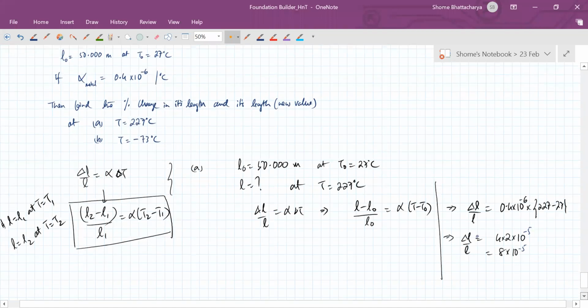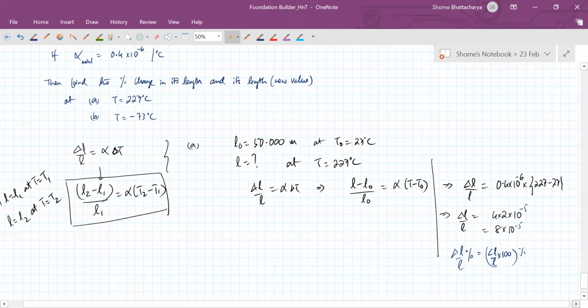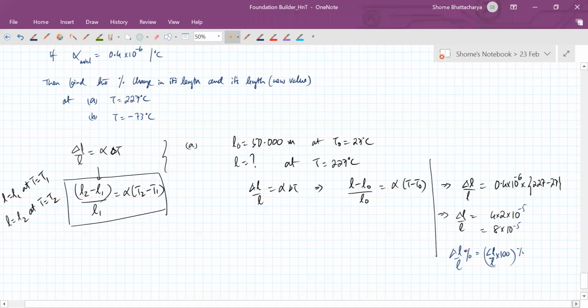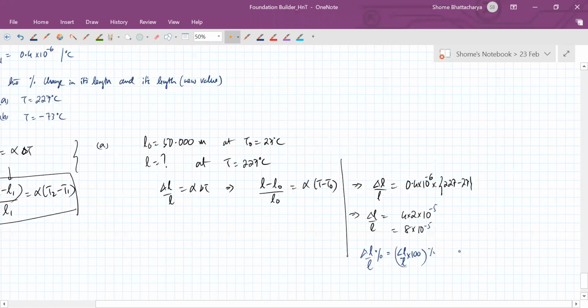This was correct only. Okay. So the percentage change in length will be delta L by L converted into a percentage by multiplying by 100. Okay. So that will be 0.08% change.